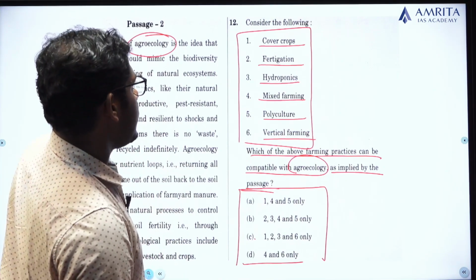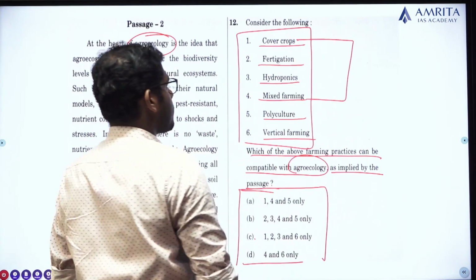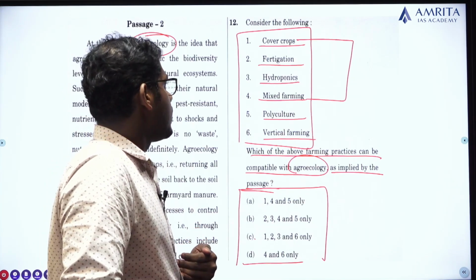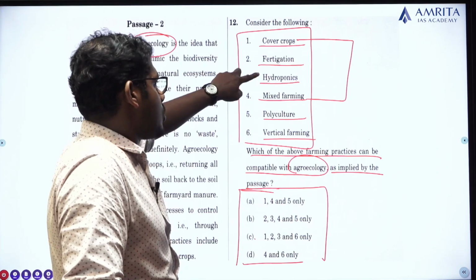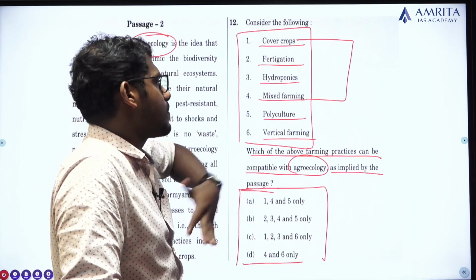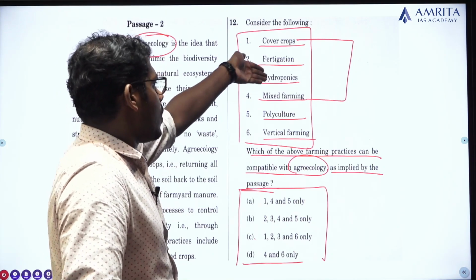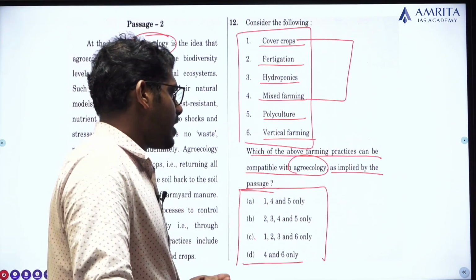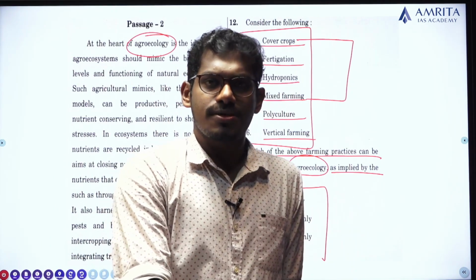See, cover crops and mixed farming is somewhat related. And cover crops and fertigation or cover crops and hydroponics are not that closely related. Also, the idea of hydroponics cannot be considered as completely agroecology because it's a more expensive process.